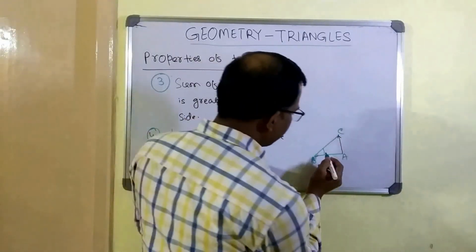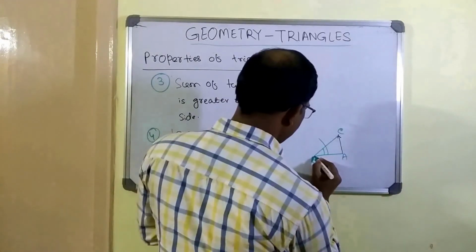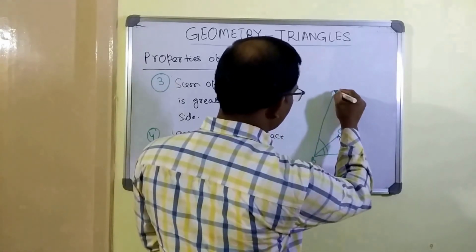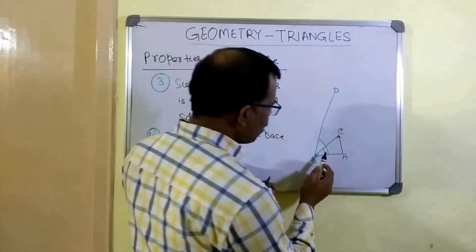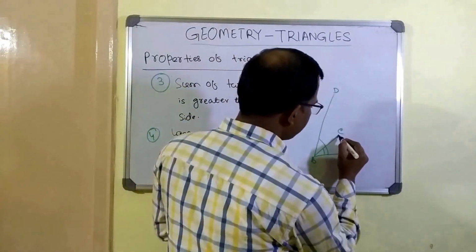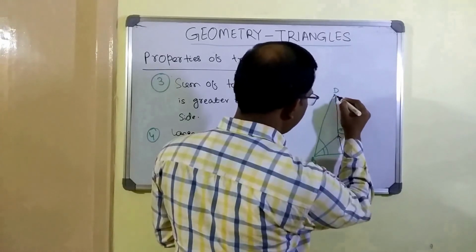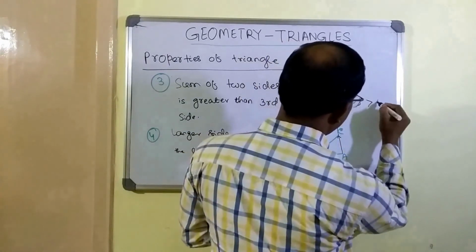Now I am going to increase this angle and try to create a bigger field. Right? So let's say this point is D. And now to close this angle, you have to essentially travel a longer distance till D. Right? AD will be essentially greater than AC.